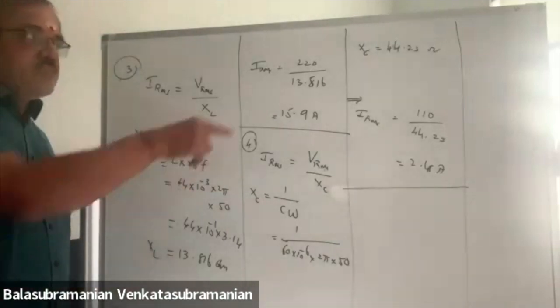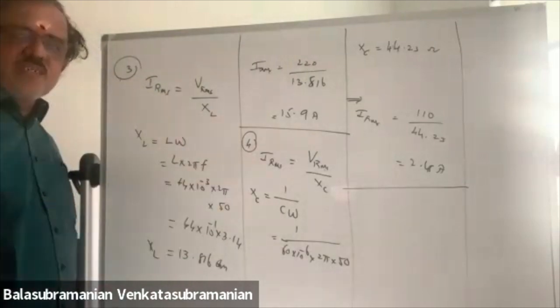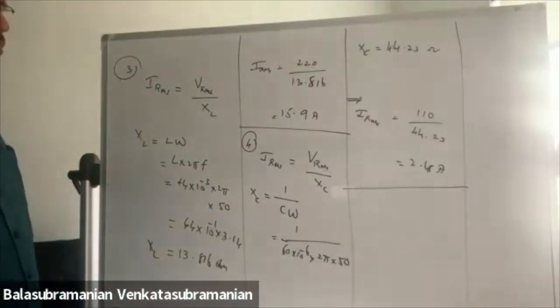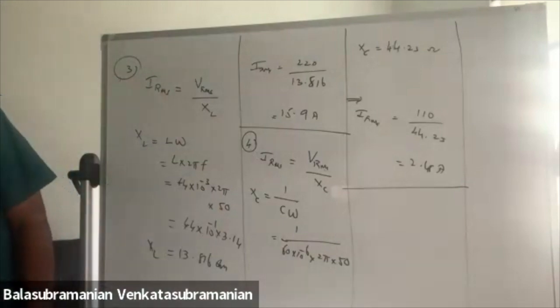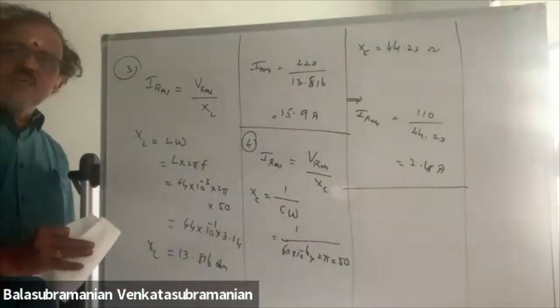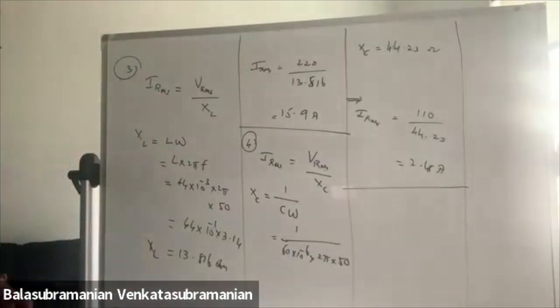The resistance offered by the capacitor is more, but current is less. There is no comparison between resistance offered by the inductor and capacitor. It depends upon the value. So we need not be confused about it.